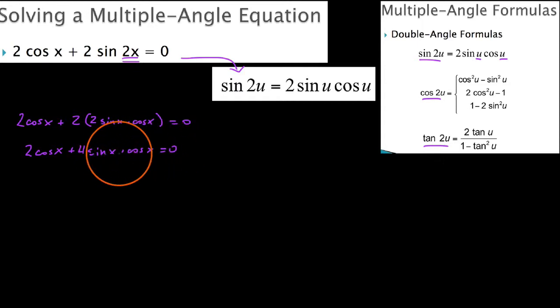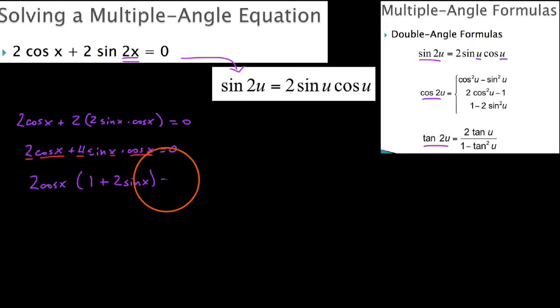And so now we identified that all of our angles are single angles. So with an expression like this, we can factor out any common factors, which these all share a common factor of cosine, and they all share a factor of 2. So when we factor out this 2 cosine of x, we are left with 1 plus 2 sine of x, and this cosine is gone now, equals 0.